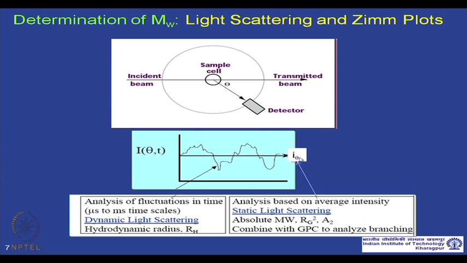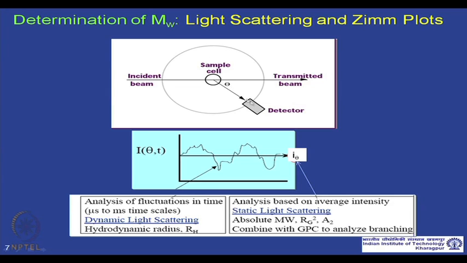And the time average intensity, which we will use in the technique called static light scattering, will give information about the absolute molecular weight, the weight average molecular weight, the radius of gyration, and the second virial coefficient, which in turn gives information about the polymer-solvent interaction parameter.